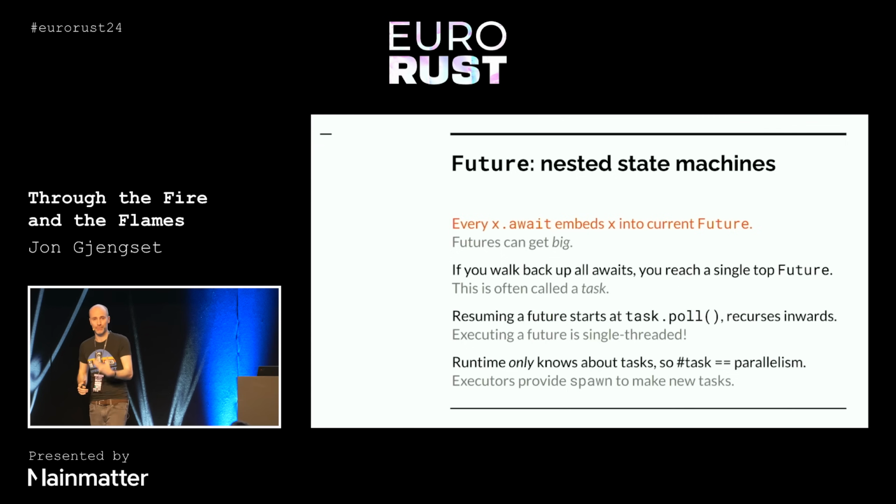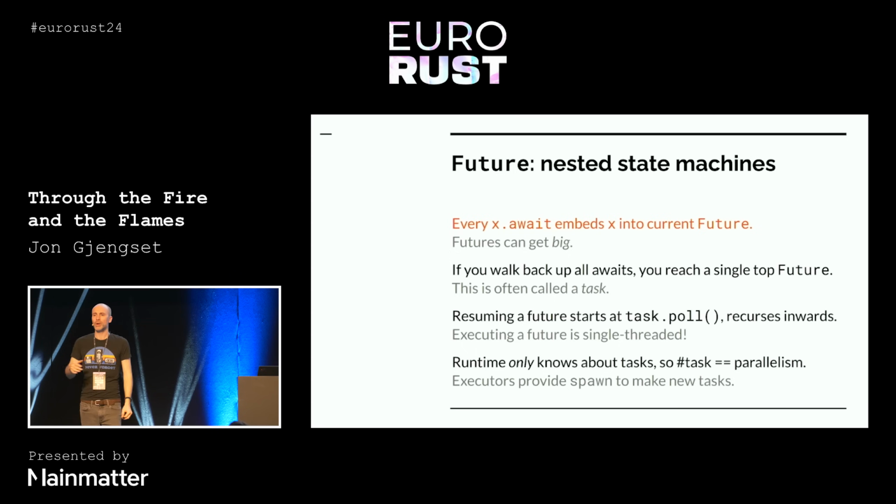And this is what the spawn function is for in most of these libraries. You give it a future, and instead of embedding it in the current future, it takes that whole future and gives it away to the runtime and says, this is a new top-level task now. And then when the executor runs a bunch of different threads, those threads all get to work on different tasks, so different top-level futures, at the same time. And that's how you get parallelism.